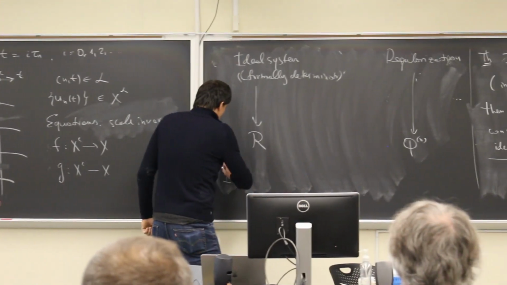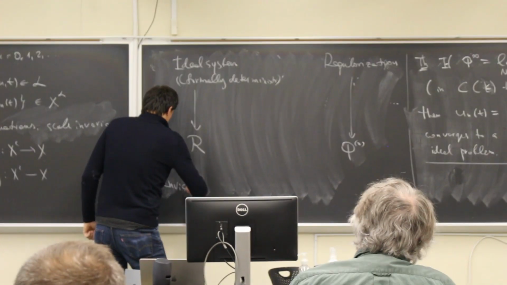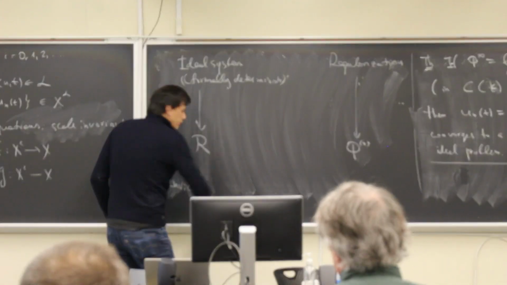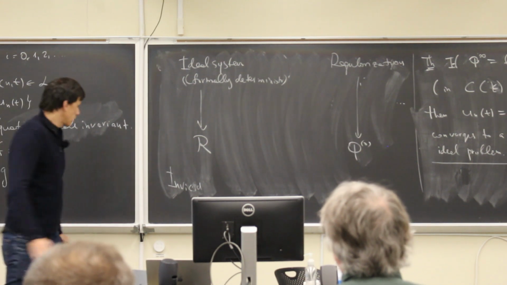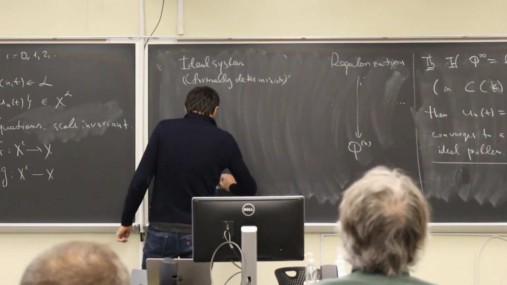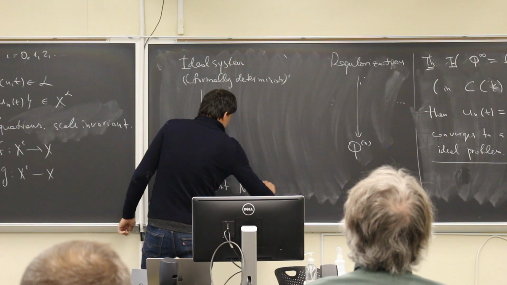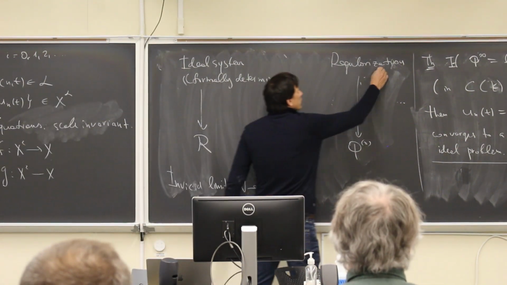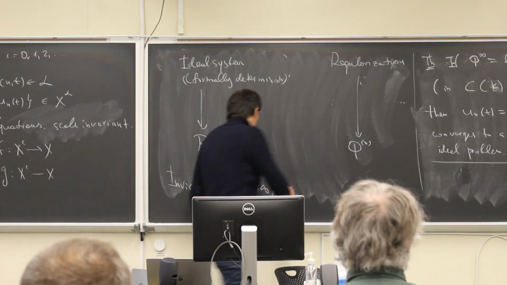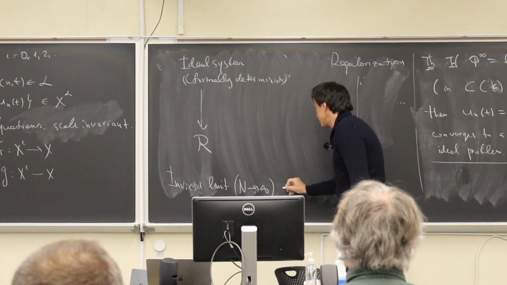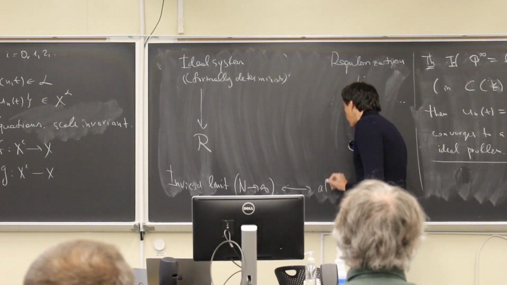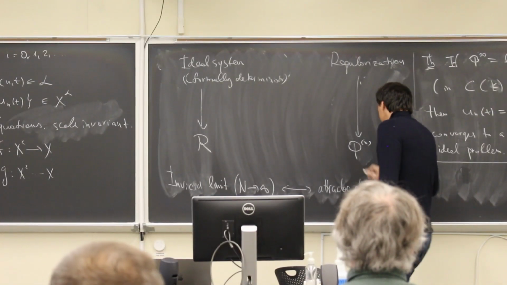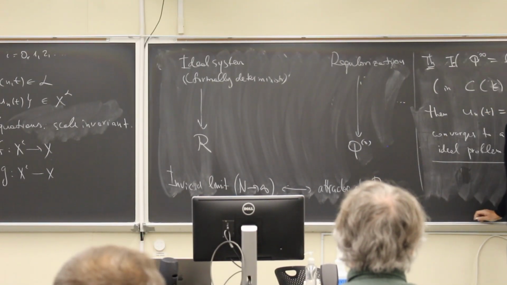So the inviscid limit, what does that mean? N goes to infinity, with regularization at scale N. It's related to attractors starting from that point.